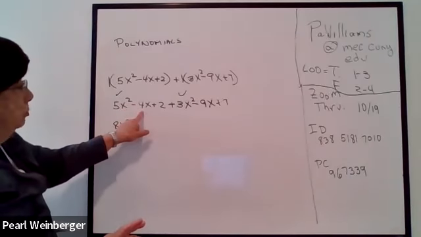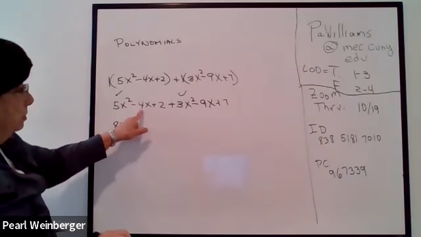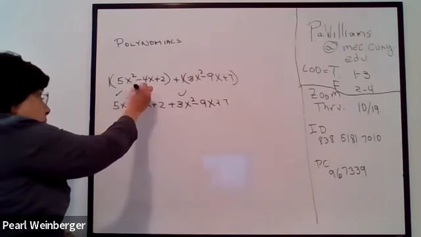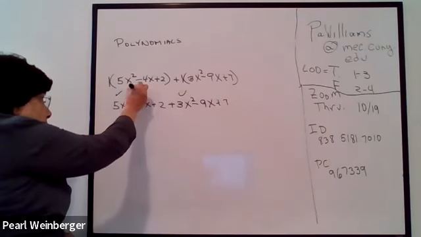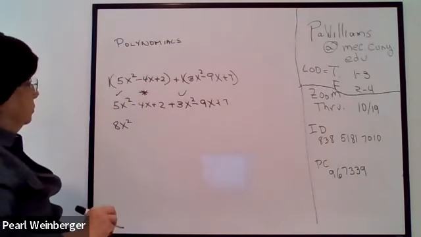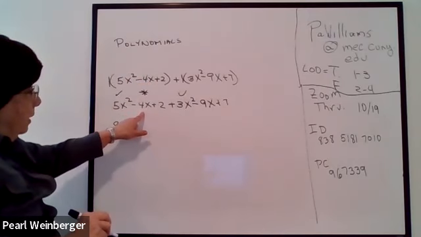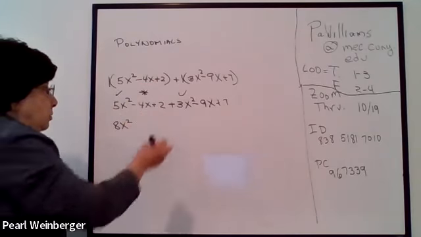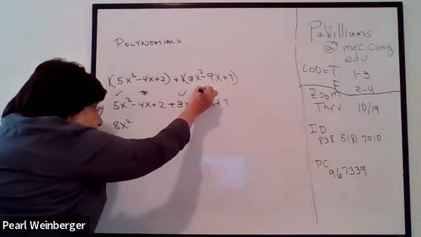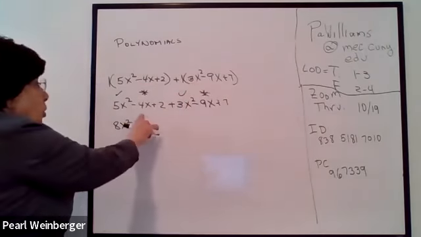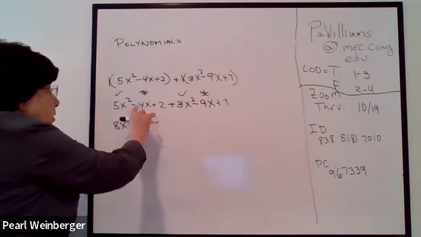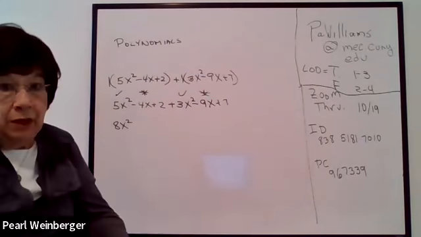So then I go to the x's. So here I'm going to use a different symbol. Here's a negative 4x. And the other thing that has only a plain x is the negative 9x. Again, those are like terms, so those can be combined.